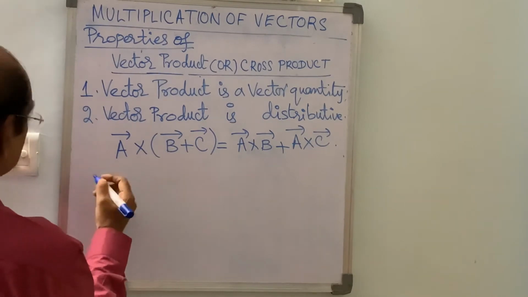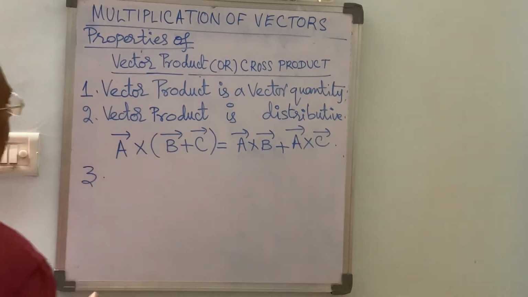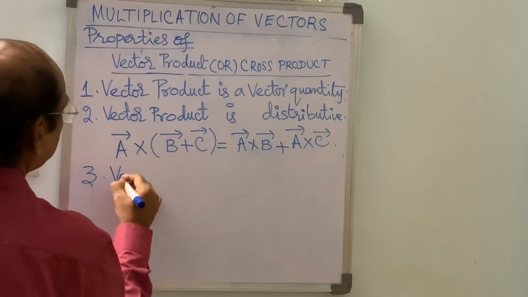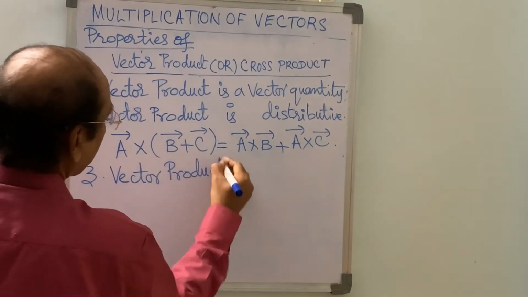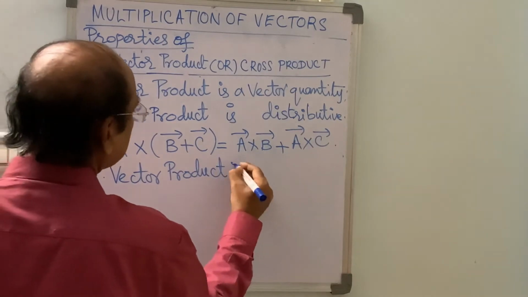Third one, vector product or cross product does not obey commutative law. Vector product is not commutative.